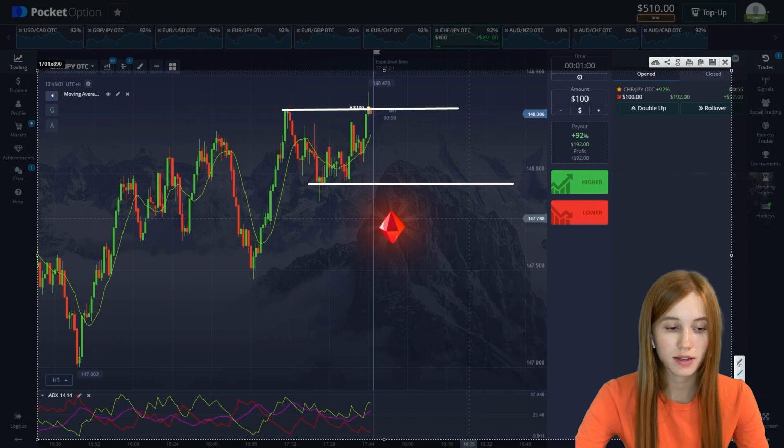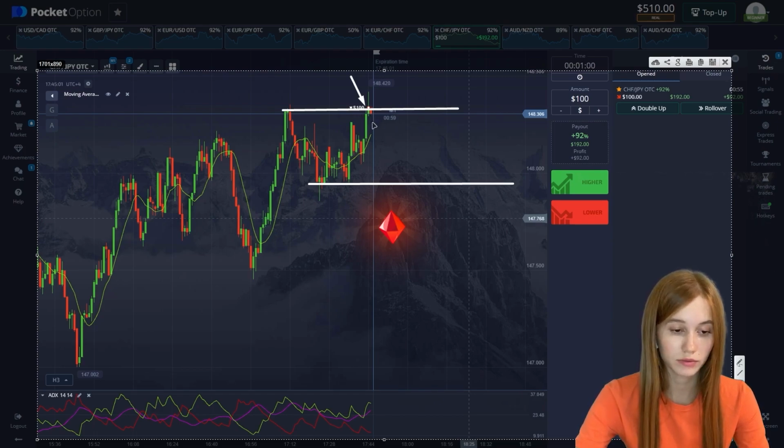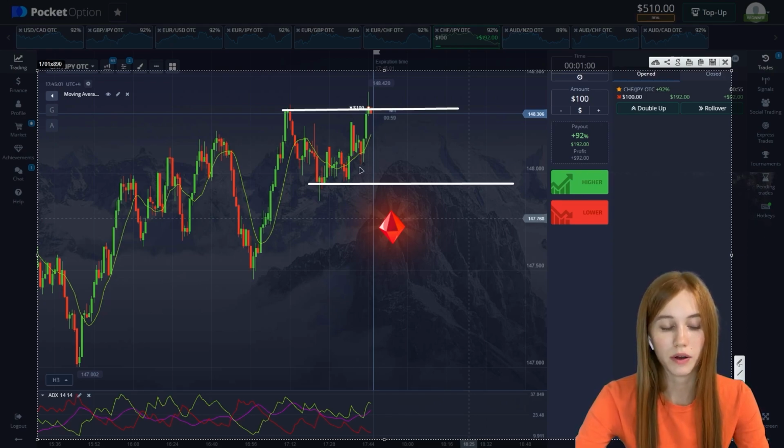In most cases, a rollback occurs. If we look at the moving average, it shows the general situation for growth, but at the moment there will be a fall.